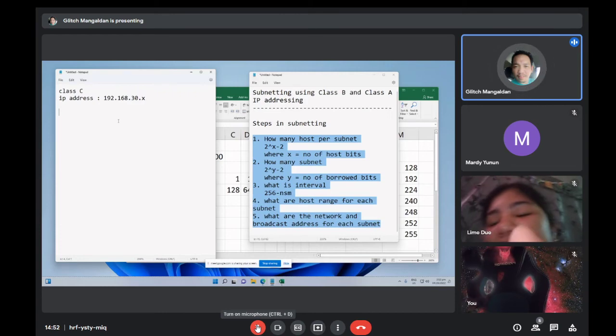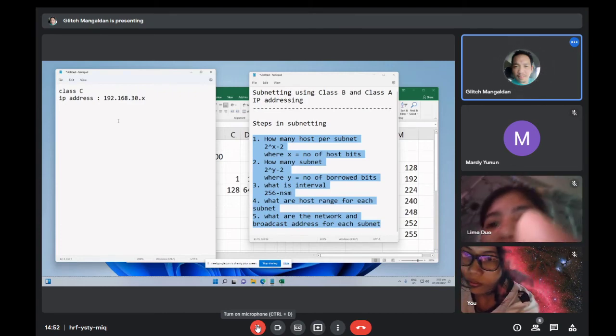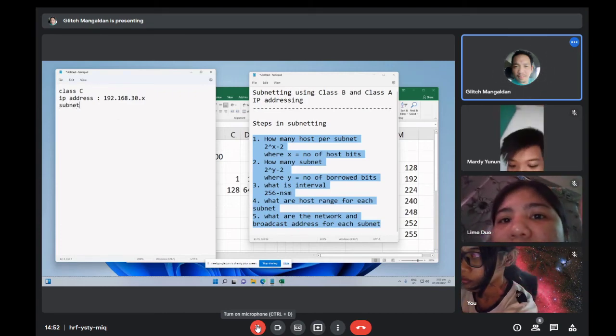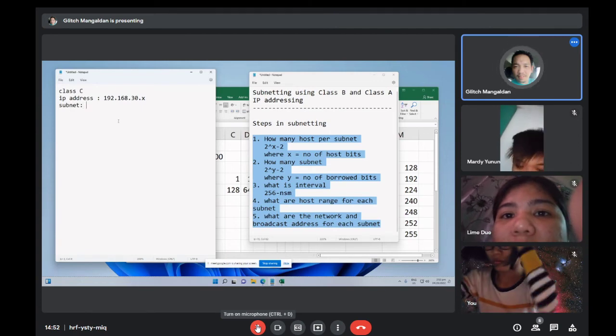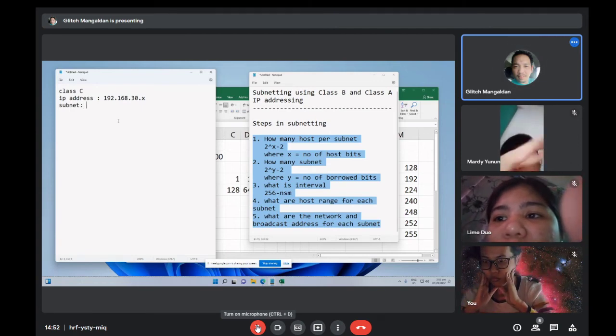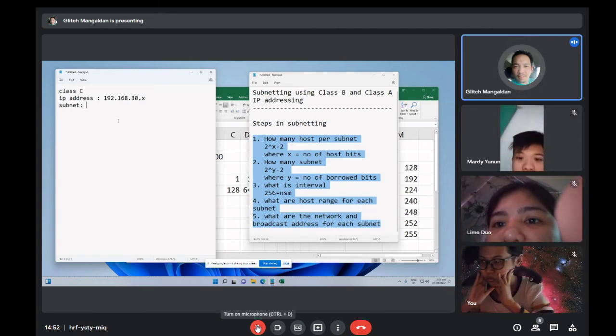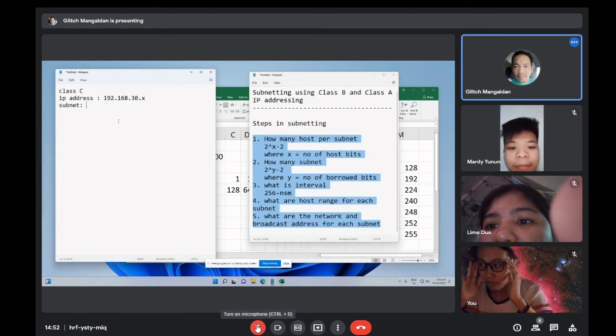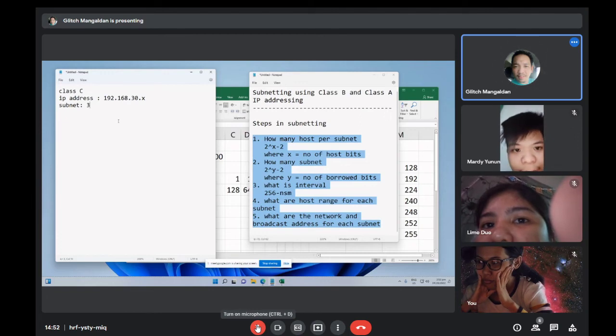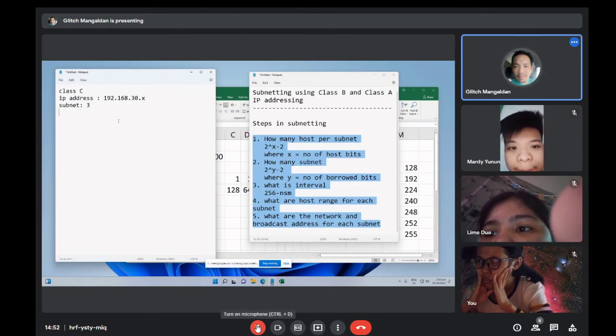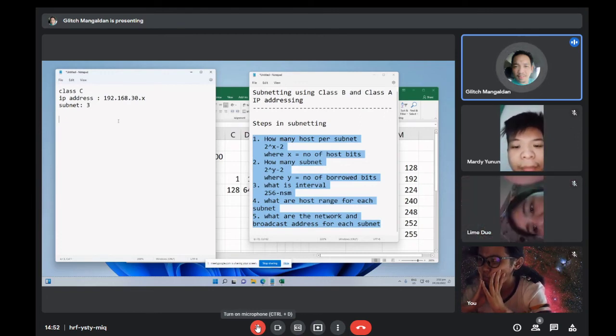Okay. For example, paano kung ang given natin is subnet? Yung total subnet natin is at least magbigay kayo ng 3 subnets. Ngayon, ang question, ito yung given. Okay?